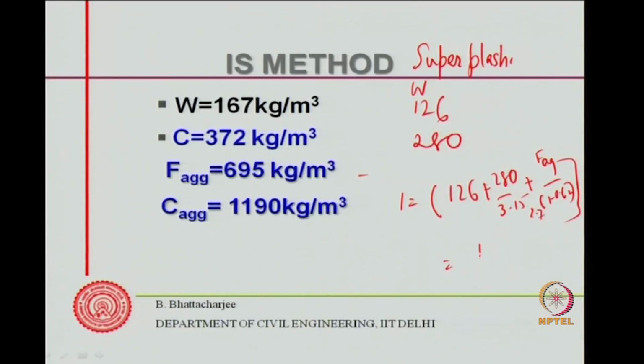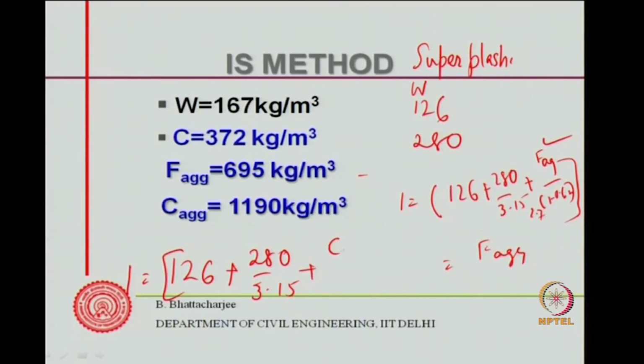So, using this formula you can find out FAGG, the fine aggregate content, which is unknown. And coarse aggregate correspondingly one can find out as 1 is equal to 126 plus 280 divided by 3.15 plus coarse aggregate content divided by 2.6 into 0.64, and this equation you can use to find out coarse aggregate content. So, you will find that this value is greater than this, it will increase now, and this will also increase, and correspondingly you can find out when you are using superplasticizer.